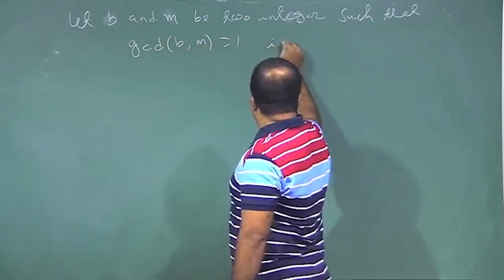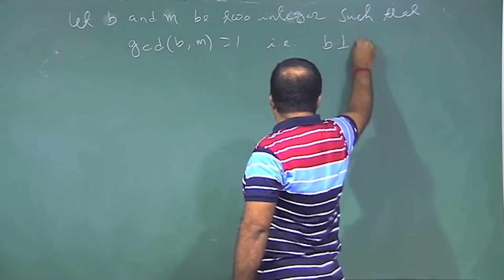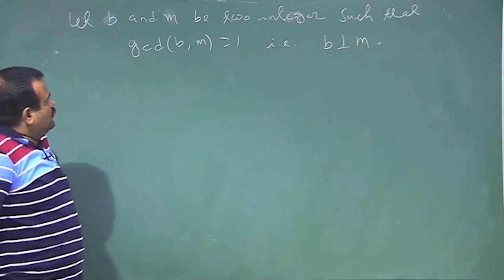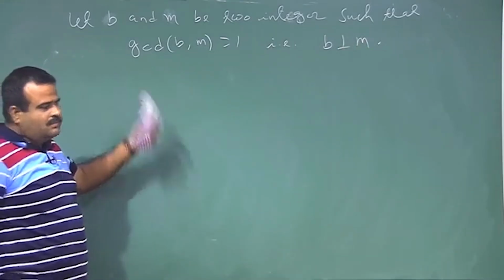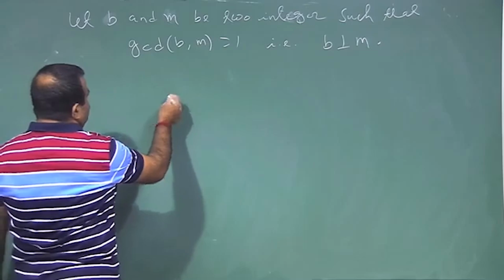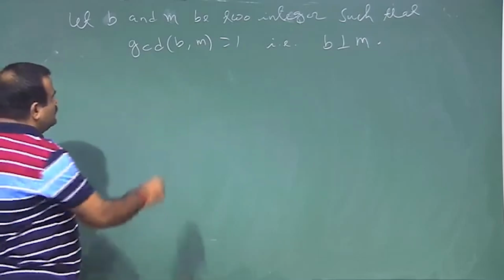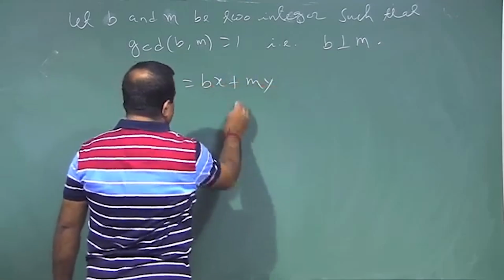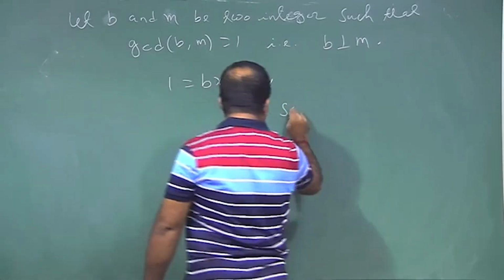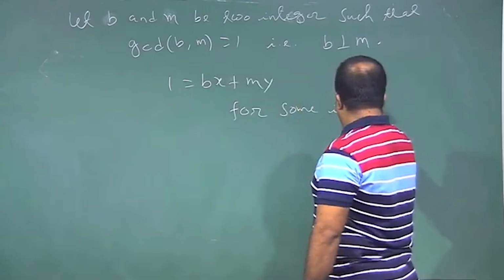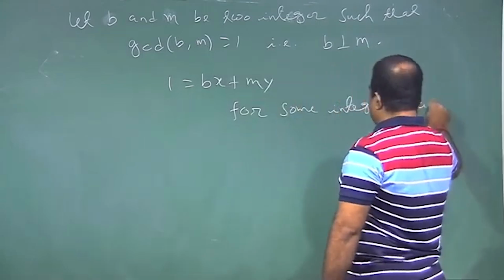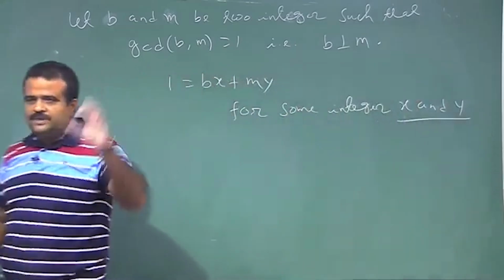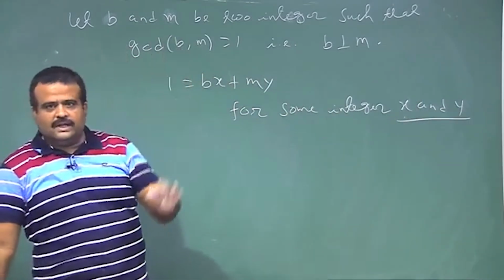That is, they are relatively prime, so b is relatively prime with m. Since we have proved the theorem, there should exist x and y such that 1 is equal to b x plus m y for some integers x and y. This x and y come from running the Euclid algorithm.